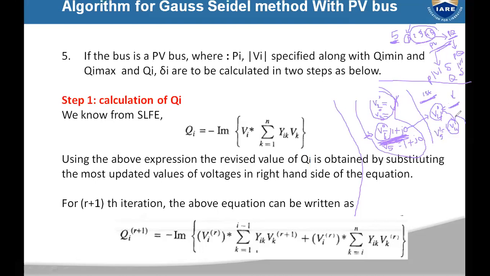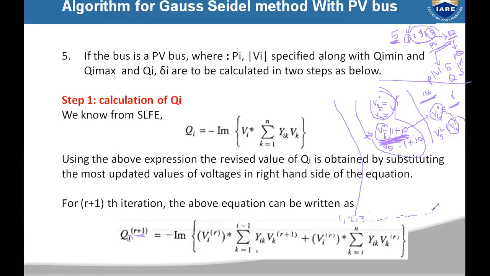In a similar way, if you observe this equation, you are finding the Q in the (r plus 1)th iteration. There are n number of buses numbered 1, 2, 3 and so on up to n.